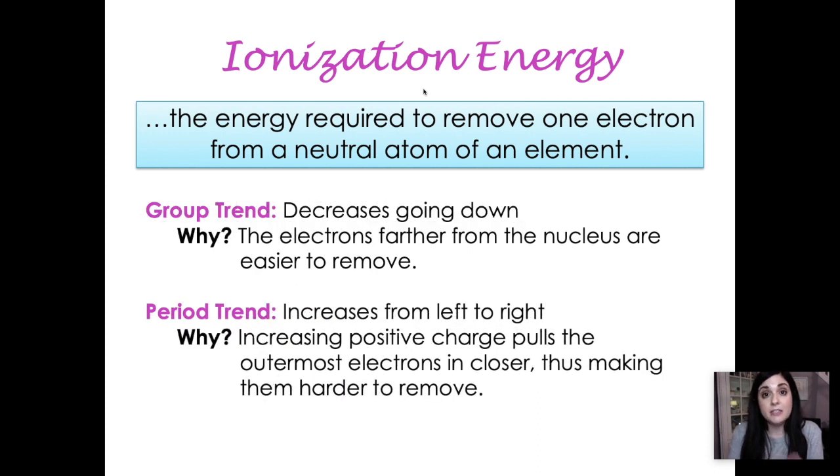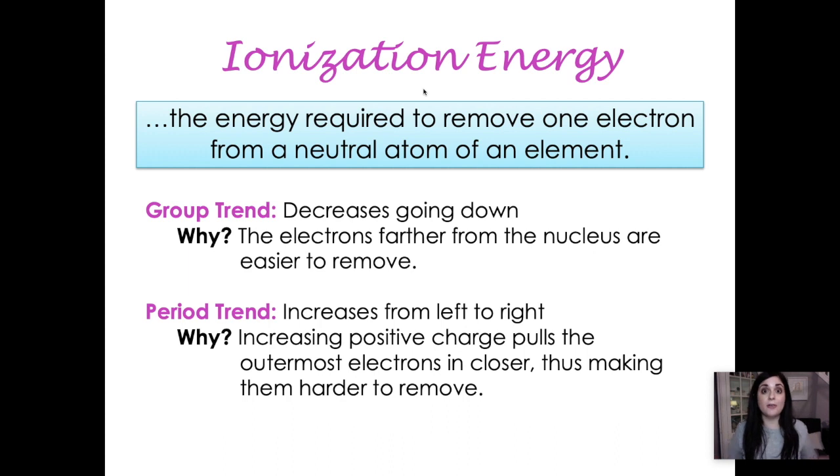Again, because as I go across, you're adding protons. Those protons don't want to get rid of electrons. They're attracting the electrons and making them come closer to them. So therefore, it's harder for an electron to leave. In fact, these atoms on the right side of the periodic table don't want to lose electrons.